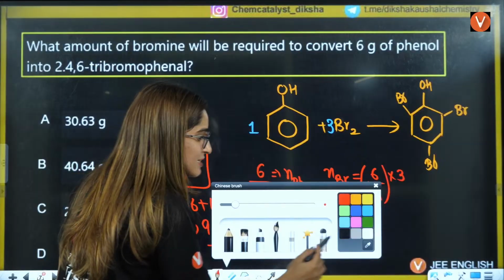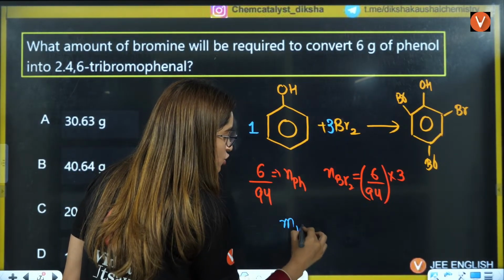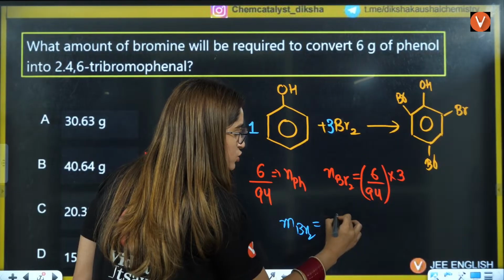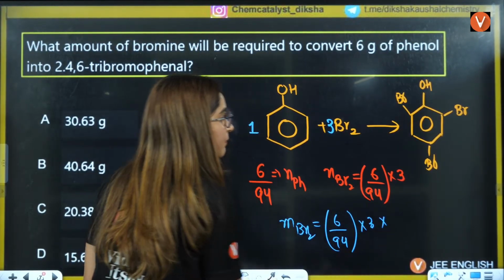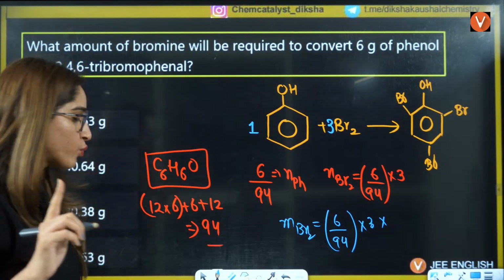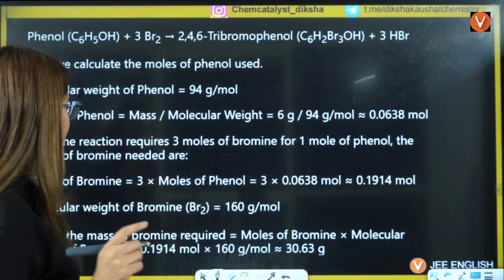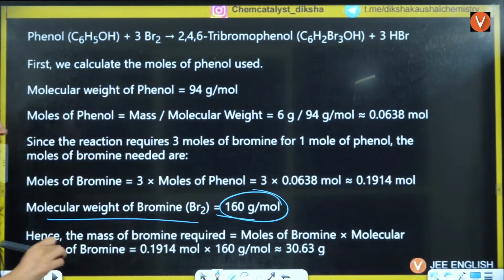Sorry, the mass of Br2, that is the number of moles of Br2 given as this, multiplied by the molar mass of Br2. Just one Br2, what is the molar mass? So multiply it by the molar mass of Br2, that is 160. Just multiply this, you will get your answer.